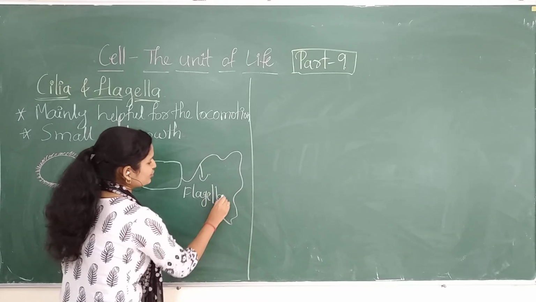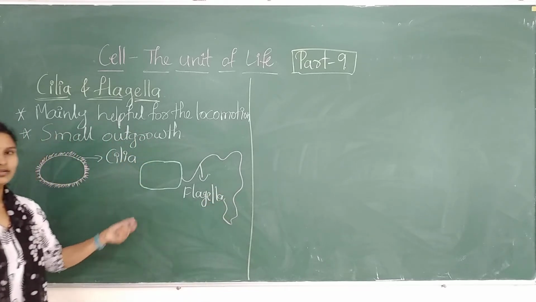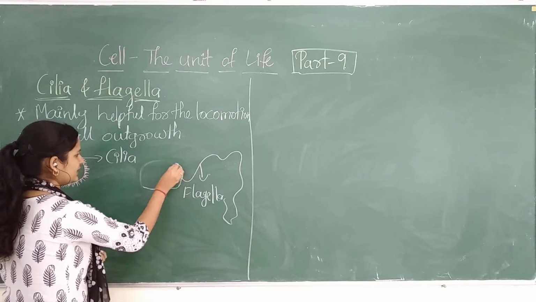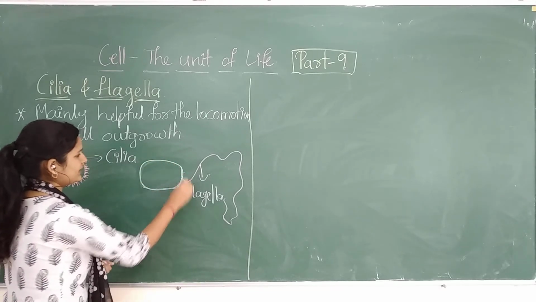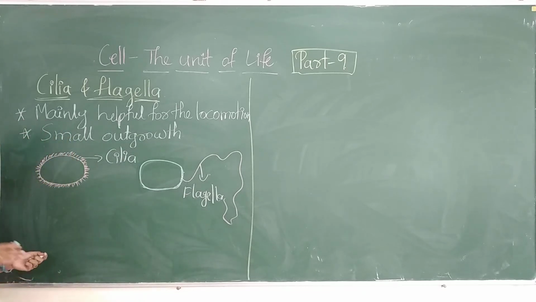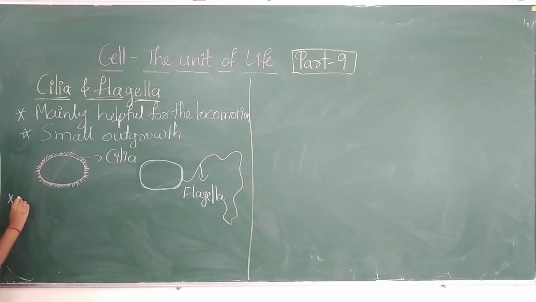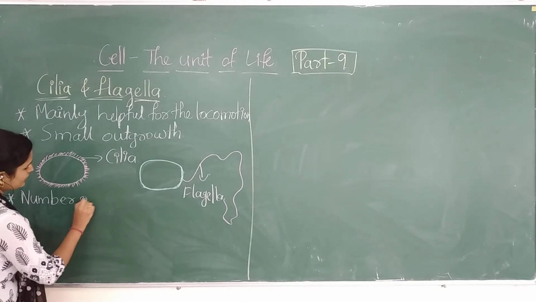It may be 1 or 2, depending on the organism. This will be long. So we can differentiate that cilia are small outgrowths and present in numerous number. The number of cilia will be more in an organism.